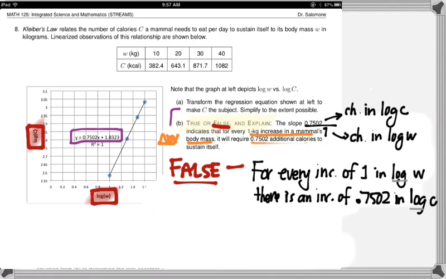But let's take this now accurate statement and let's rephrase it so that it tells us how W and C are changing and not how their logarithms are changing.